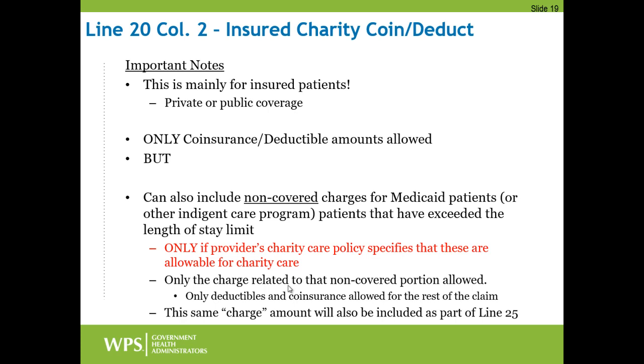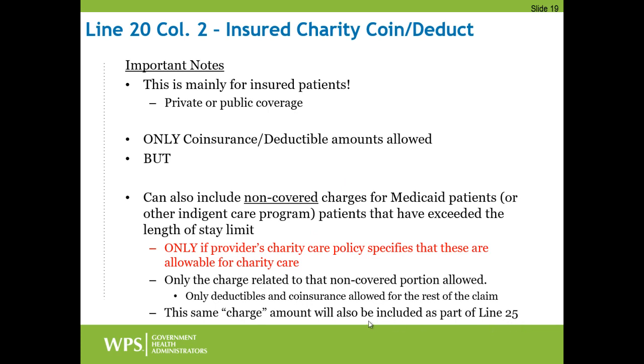So that's the only situation. If you look at a list of all of your column 2 charity care write-offs, that's the only time you're going to have a charge, when it's that exceeding length of stay limit. However, that exact same charge that is already in line 20 column 2 must also be included as part of line 25.